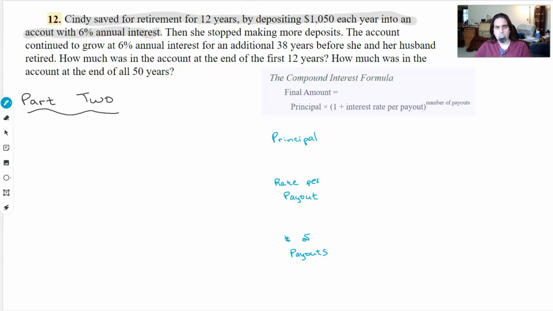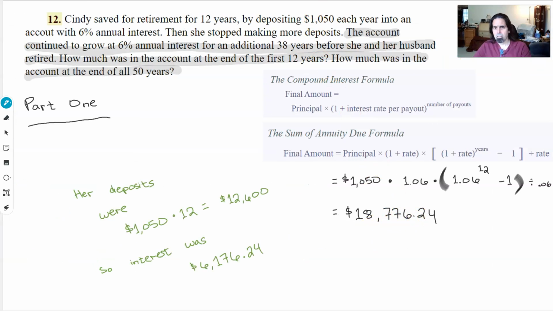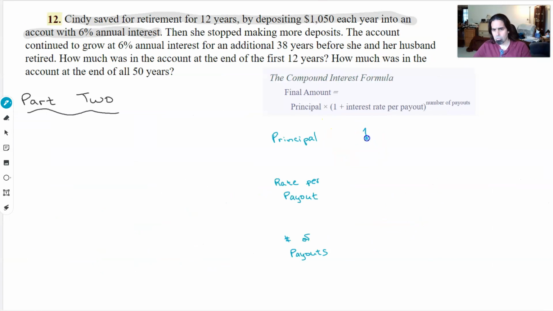So how much does she start with? It's what we had, $18,776.24. The rate per payout, well, it's 6% per year. The number of payouts, well, it's 38 years.